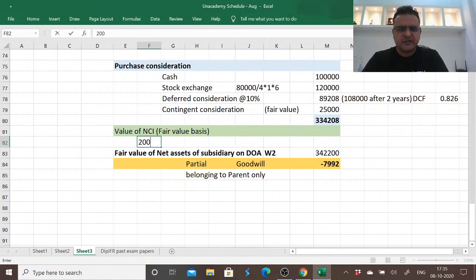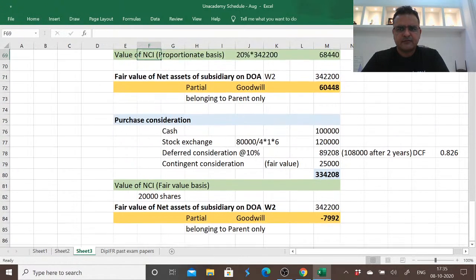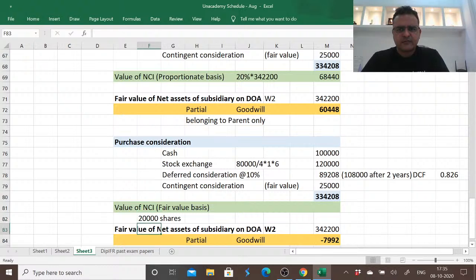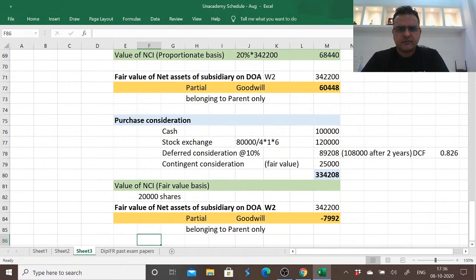Now there are 20,000 shares belonging to NCI. Suppose the value of each share is 4 per share. So 80,000 is the value of NCI.